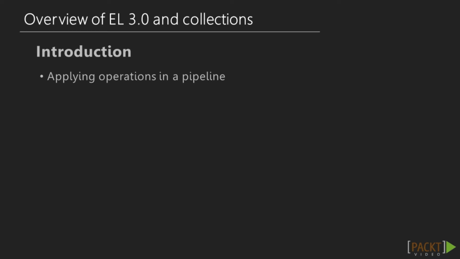EL 3.0 provides powerful support to manipulate collection objects by applying operations in a pipeline. The methods supporting the collection operations are implemented as EL resolvers, and lambda expressions are indicated as arguments of these methods. The main idea behind manipulating collection objects is based on streams.